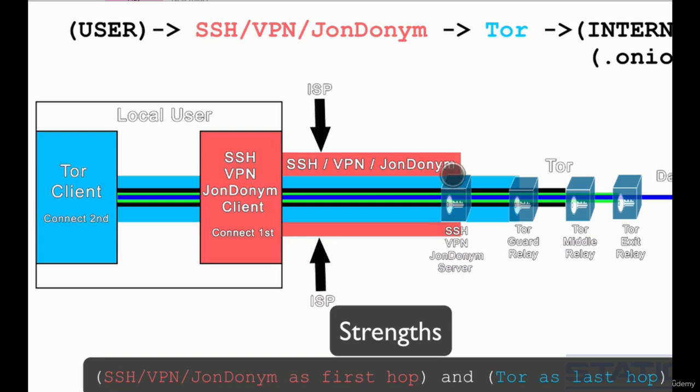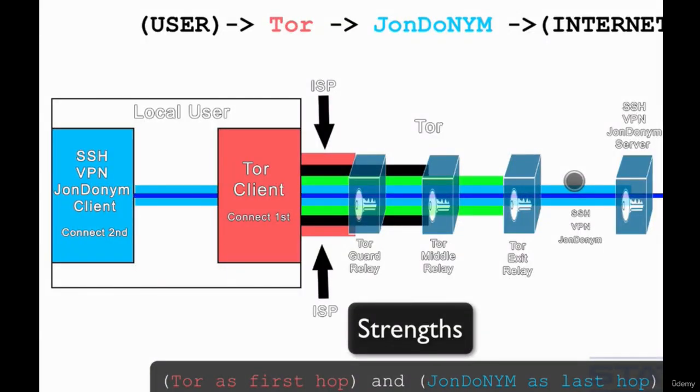In this process the user goes to TLS by the use of VPN, SSH, or JonDonym, and finally Tor, then internet .onion, and VPN as first hop here and Tor as last hop.